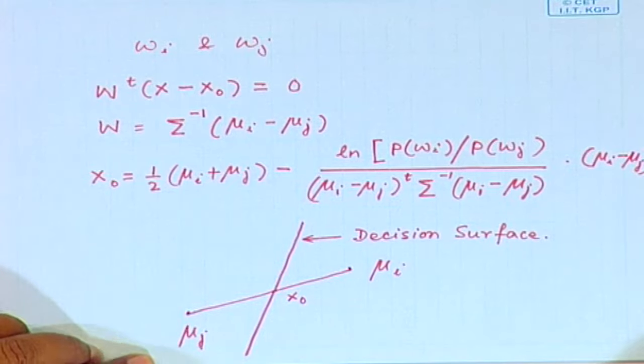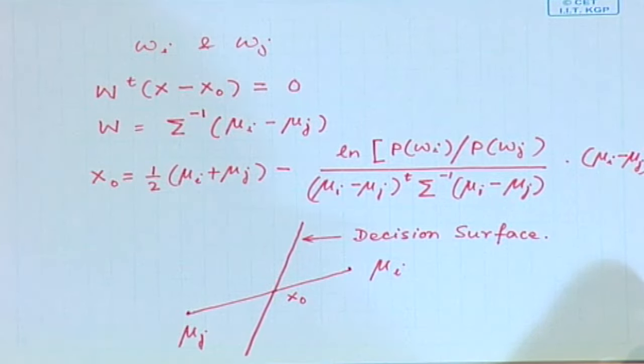Okay. So, we still have linear classifiers, the decision surface between two classes is still a hyperplane, but this is not an orthogonal bisector, or this is not orthogonal to the line joining mu I and mu j. Okay.